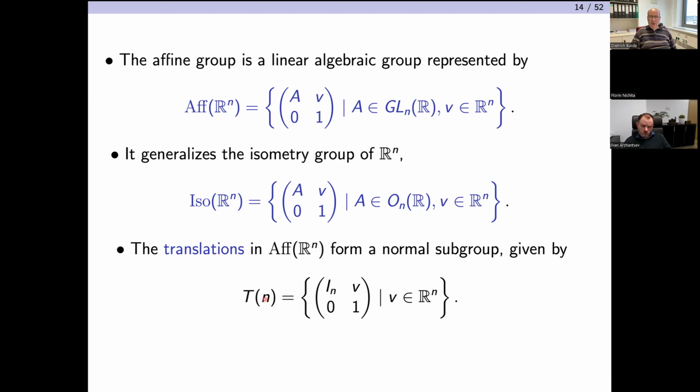Well, you have these translations, this part here, and that forms a normal subgroup. In our writing it looks like this.